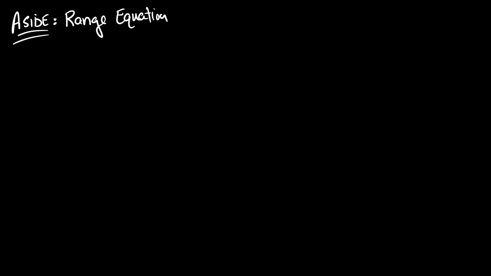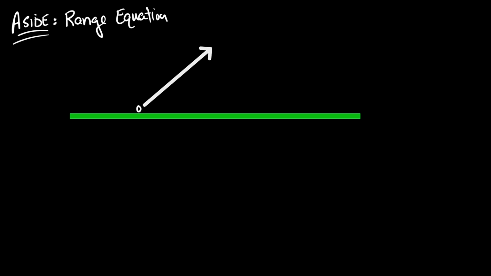So here we go. Let's imagine the same situation we've been talking about, a situation in which we are going to launch something on level ground. It will be launched at some starting angle. And as we know, it's going to land over there someplace.